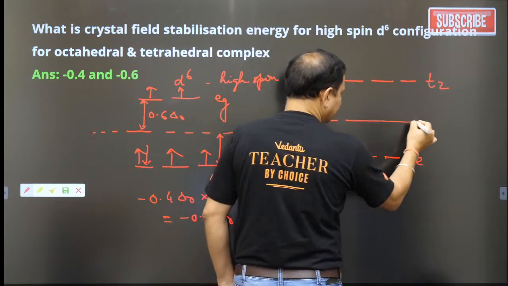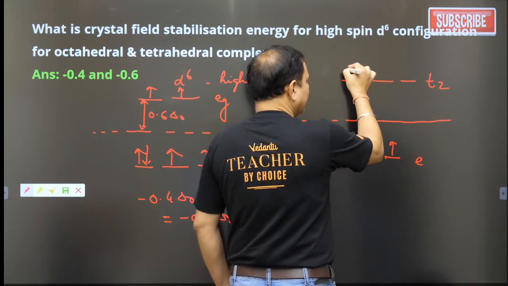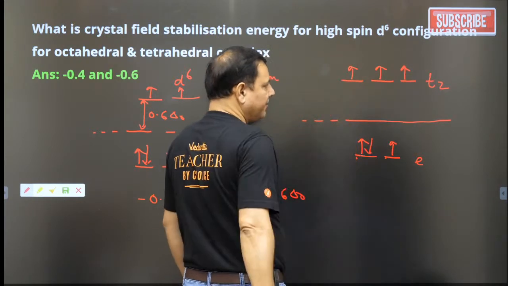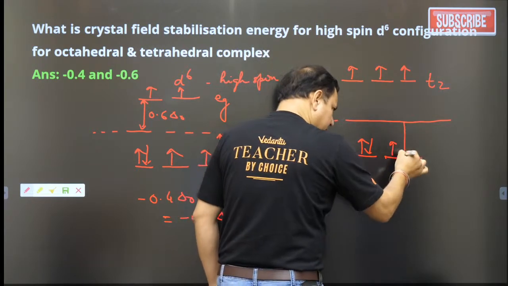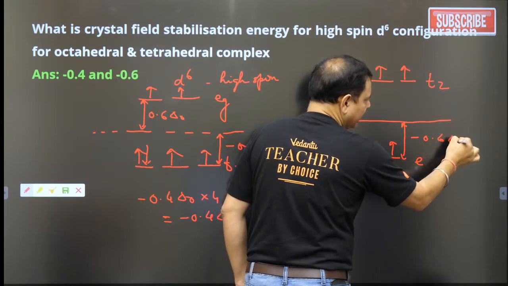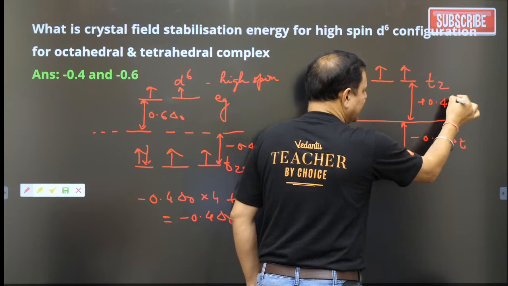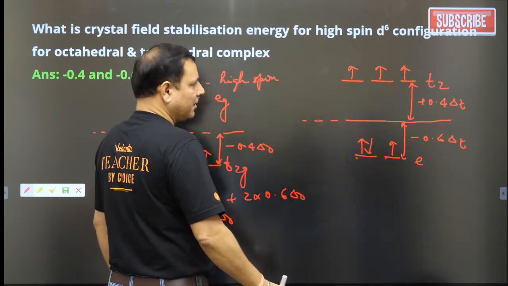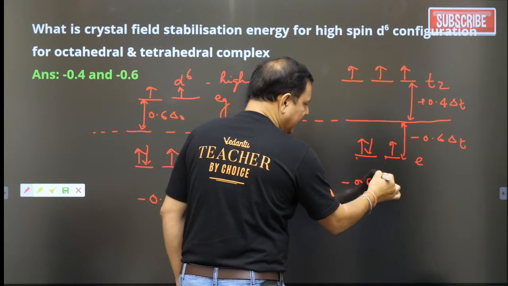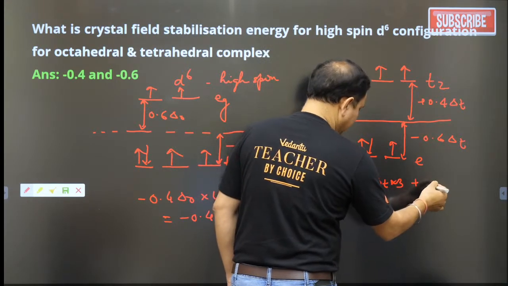But in a tetrahedral field, the splitting will be reversed. The three T2 orbitals are above and the E orbitals are down. In this case, the electron filling will be like this. Pairing won't take place, as already mentioned. Here E will have minus 0.6 delta T and T2 will have plus 0.4 delta T in the tetrahedral field.